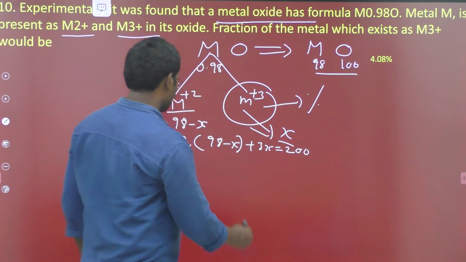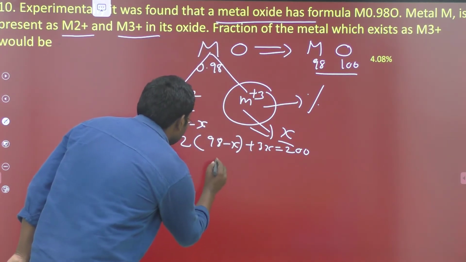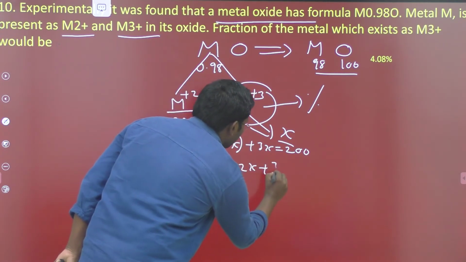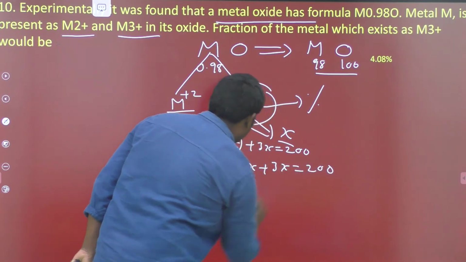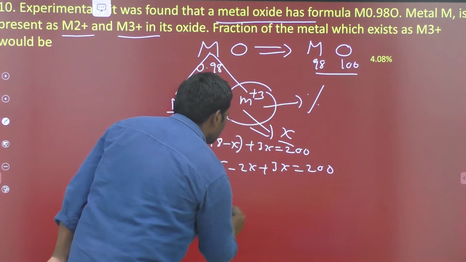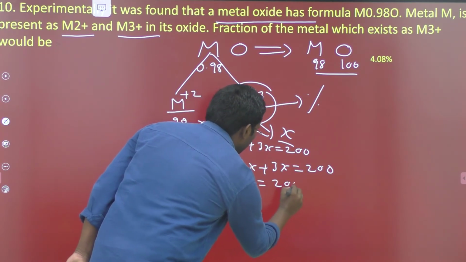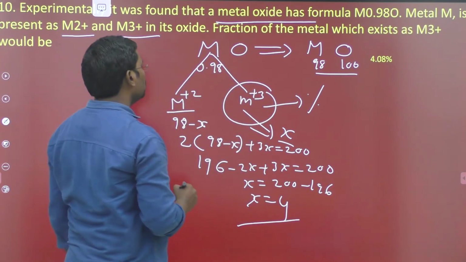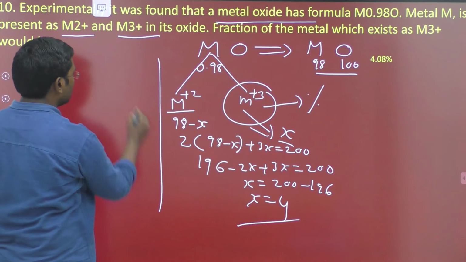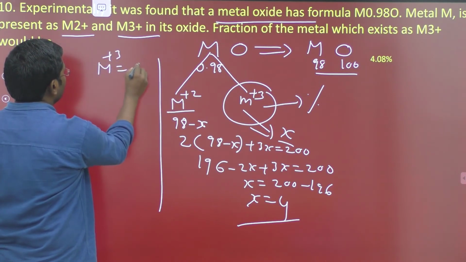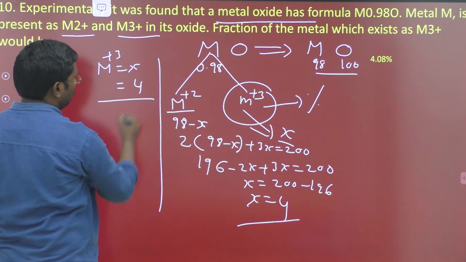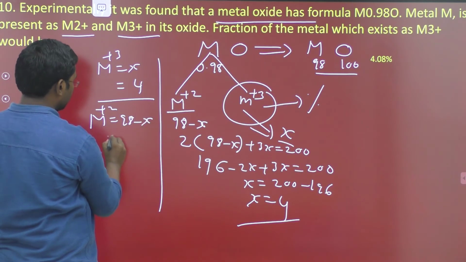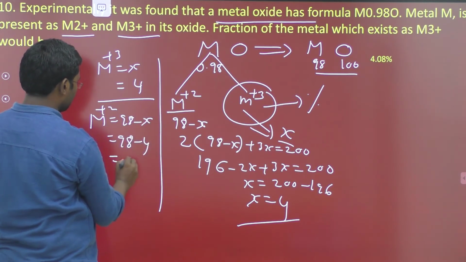So 196 minus 2x plus 3x is equal to 200. Therefore x is equal to 200 minus 196, which is 4. So the percentage of M plus 3 is X equals 4. The percentage of M plus 2 ions is 98 minus x, that is 98 minus 4, equal to 94.